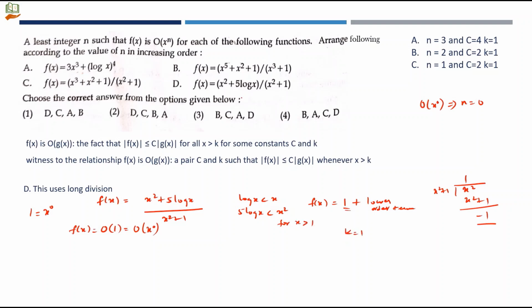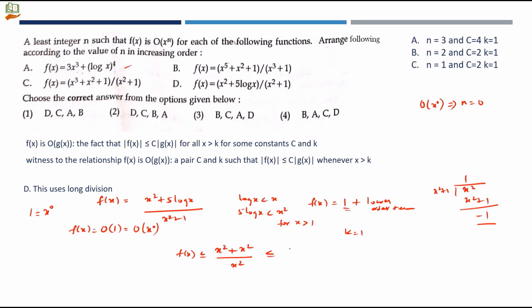You remember how we did for A option when we used log. So similarly we will use this also. We will take x square plus 5 log x can be taken as another x square. So this is f of x that is less than or equal to, divided by the bottom part x power 2 plus 1 can be reduced to x square again.